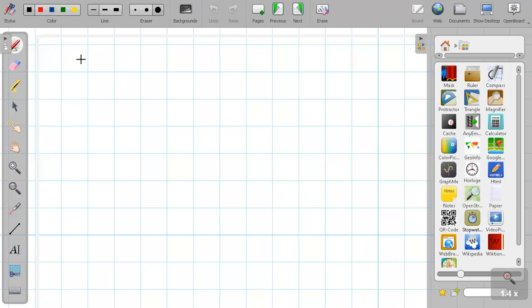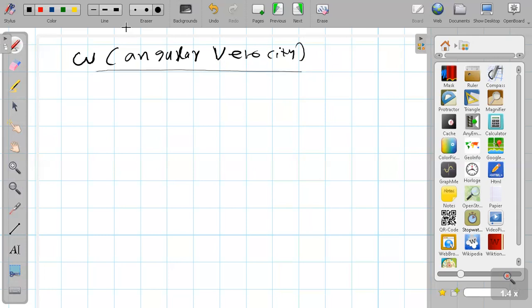A good example is omega, angular velocity. Because 2023 guys just finished that, you have a lot of time to learn it. Angular velocity is in rad s-1.